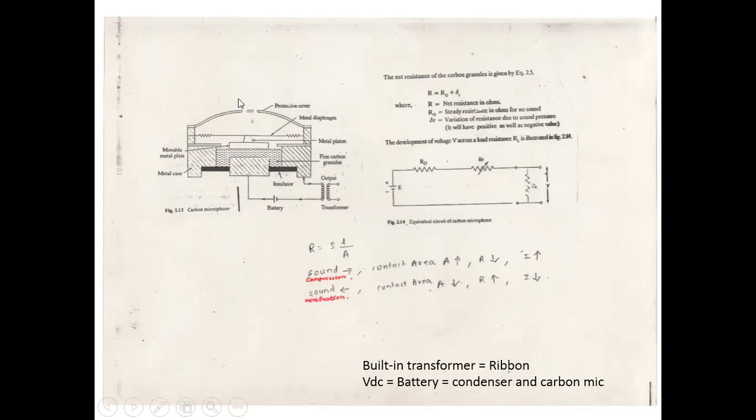So what is happening? Because of sound pressure, let us say sound compression is there. The contact is going to be pressed, so the contact area of the carbon granules is going to increase. If the contact area increases, R is equal to rho L by A, so the resistance of the carbon granules is going to decrease.